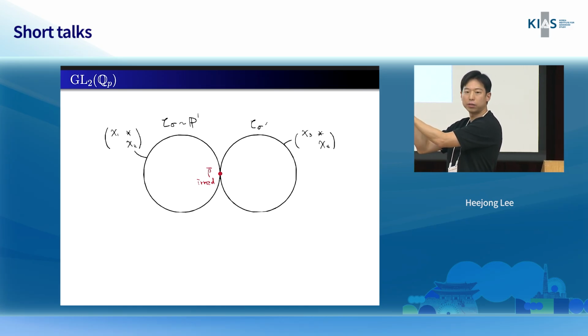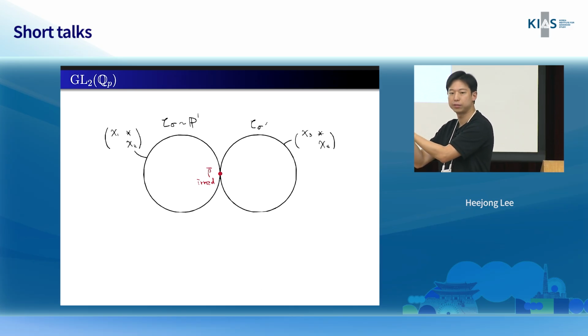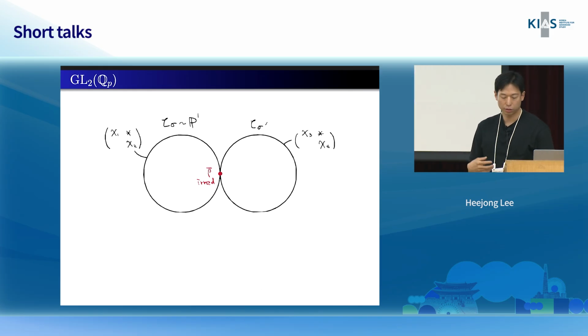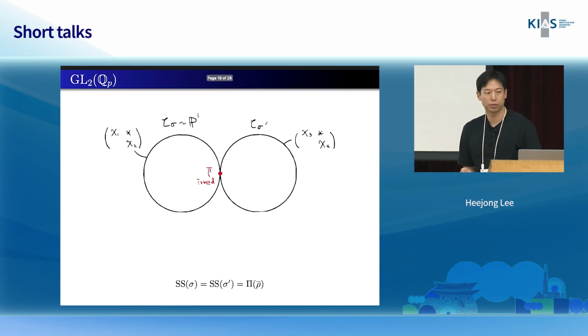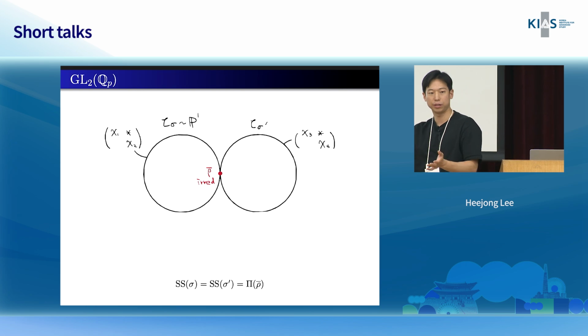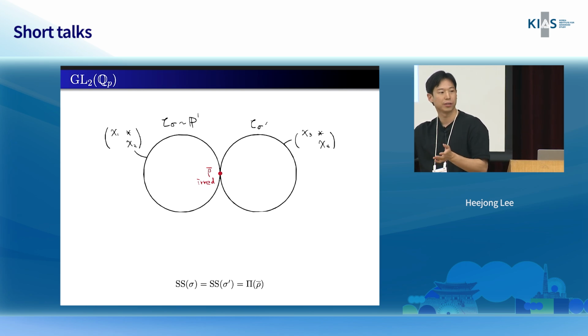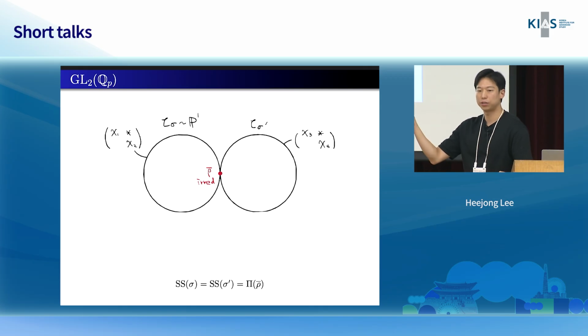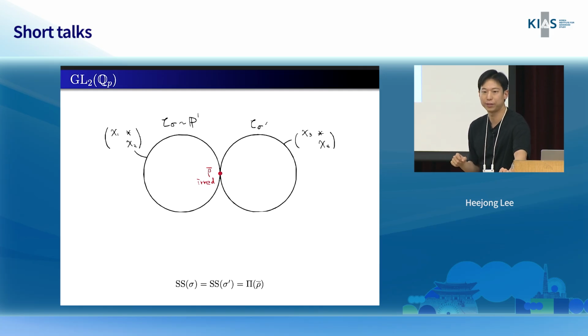If I take a fiber at this point, you get something like a skyscraper sheaf at this point, and they're the same. So the representation theoretic incarnation of this is that the universal supersingulars for sigma and sigma prime, we know that these are irreducible because this is GL2(Qp), and they are isomorphic. And this is exactly the supersingular representation corresponding to rho bar under the mod p local Langlands correspondence for GL2(Qp).